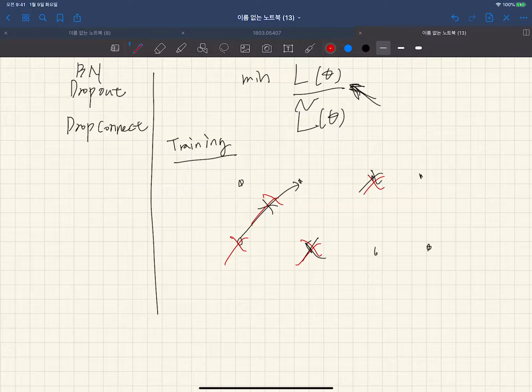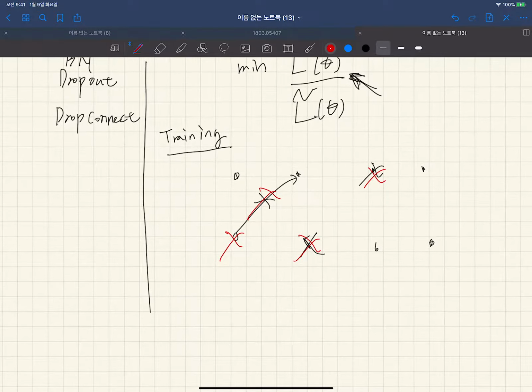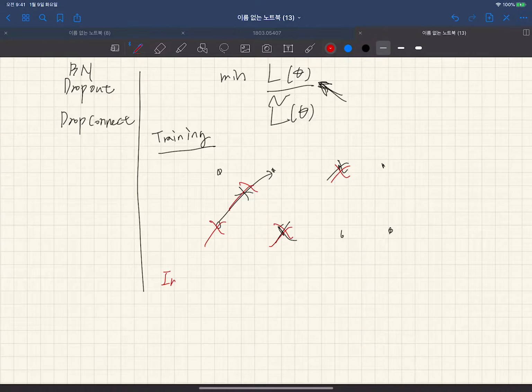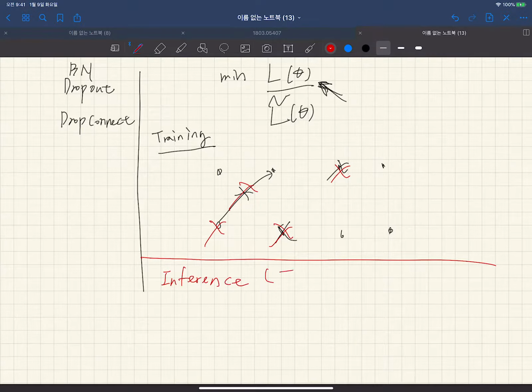But one very important remark for this generalization technique is we have to separate the training process and the inference process. Inference means the test process. For the training process, it is good to add some additional noise so that your parameters cannot memorize input and output pairs.